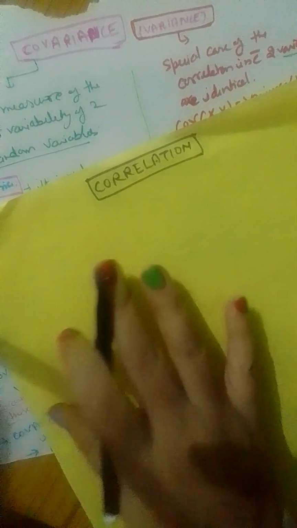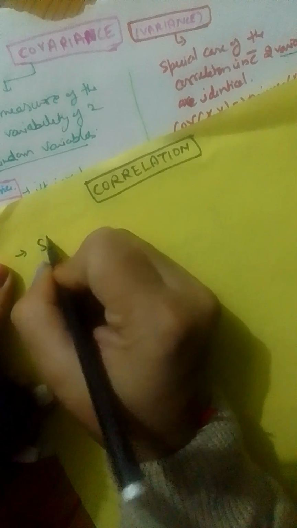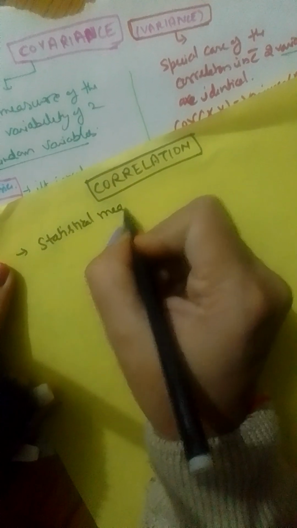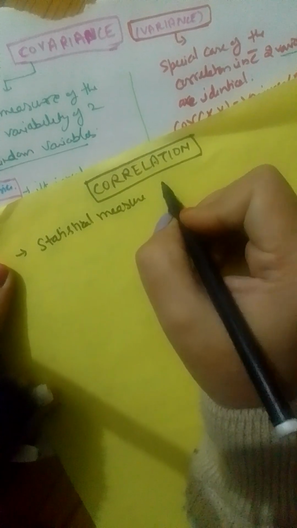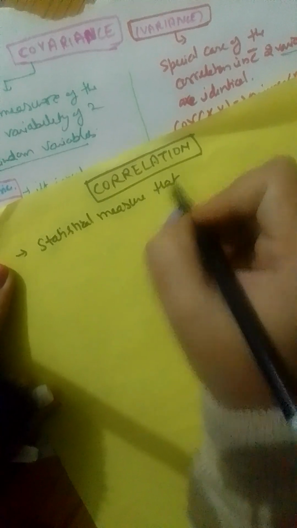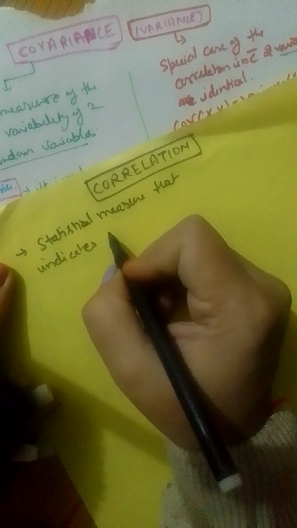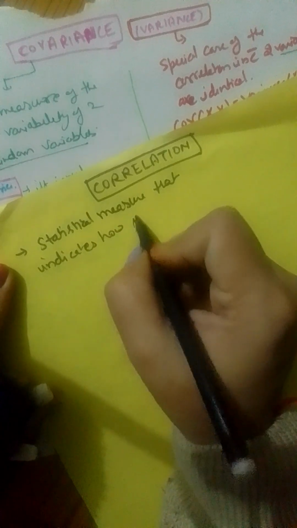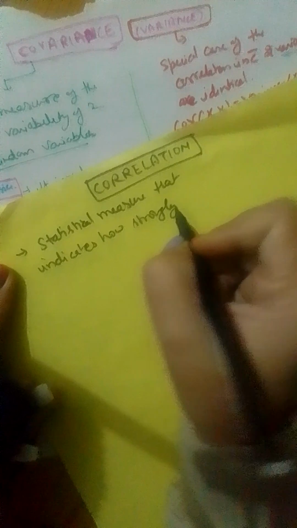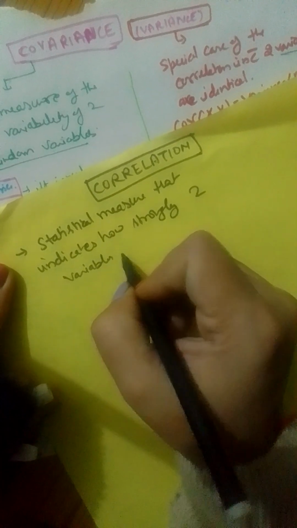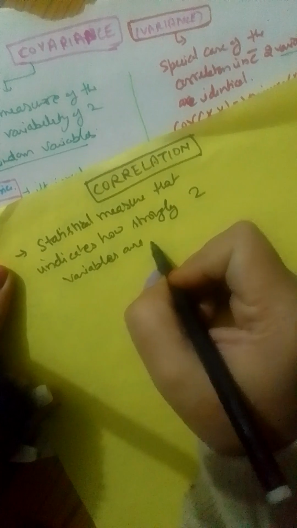So what is correlation? Correlation is a statistical measure that indicates how strongly two variables are related.